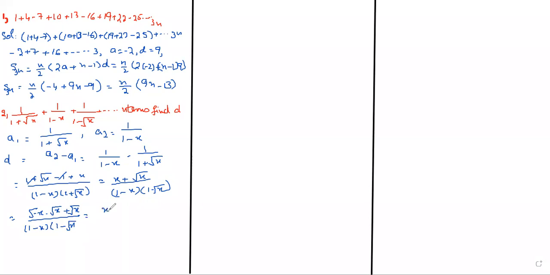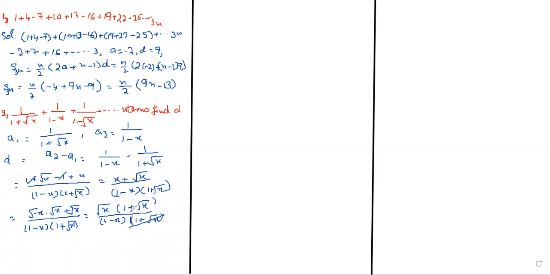Taking root x common from the numerator, we have 1 plus root x divided by 1 minus x times, this is the bracket, 1 plus root x.